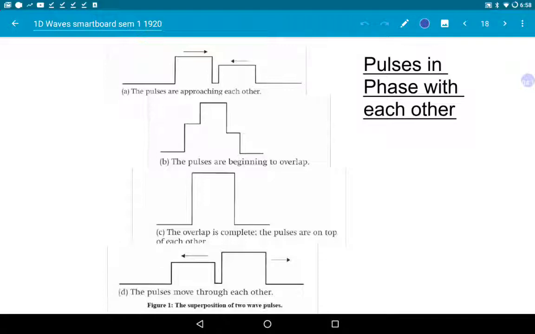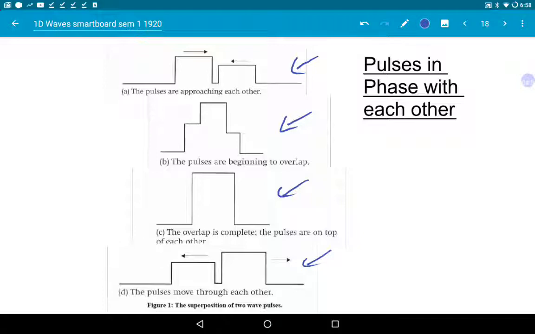So here is before they've interacted at all. This is during the interaction, early on. This is right in the middle when they're in total overlap. And then this one is after they've interfered. They continue on the same motion.